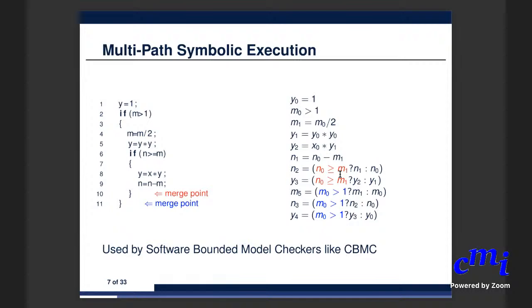The DPLL algorithm will have to do the k splits. After all, a conditional expression is equivalent to a clause, and the DPLL, along with the various heuristics and CDCL that we saw, the hope is that it is able to solve this more efficiently, and that is the idea.